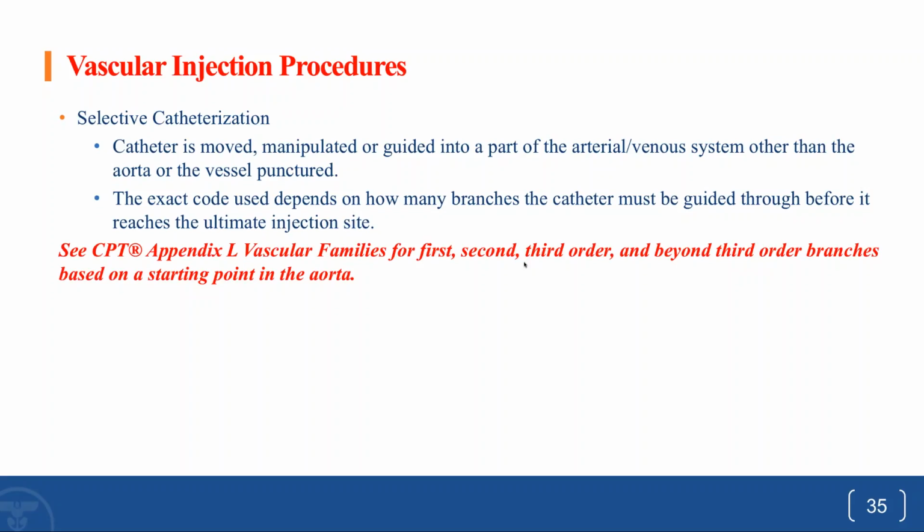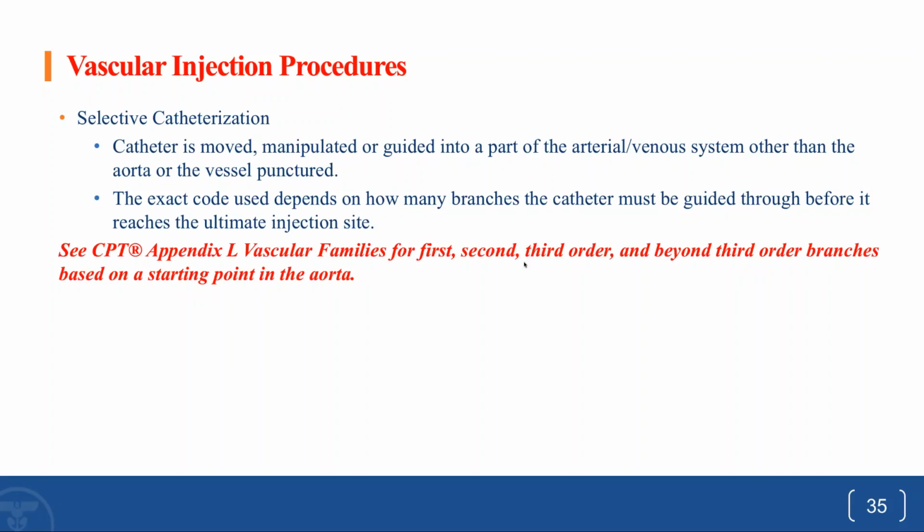Third order, 36217, and beyond the third order, 36218. So wherever the catheterization is placed, what's involved in these branches will be in your question, and then you would just use the corresponding CPT code for those orders.